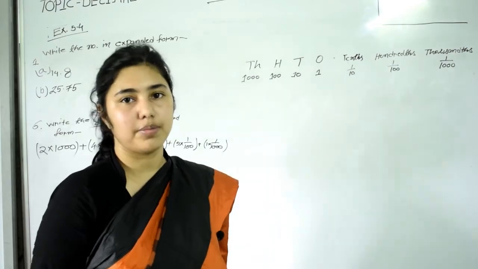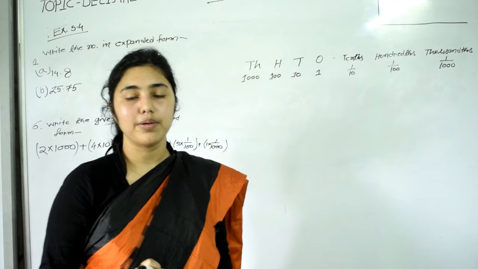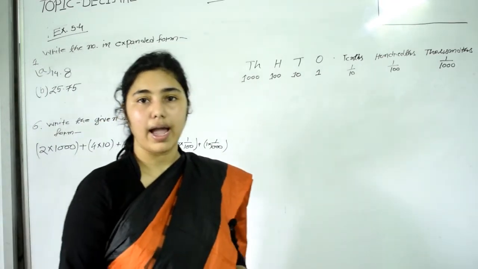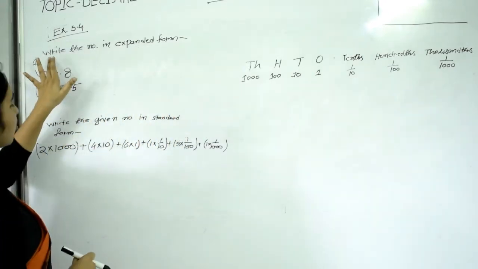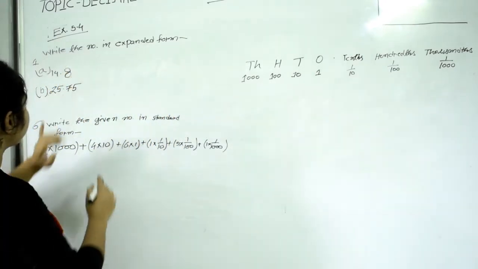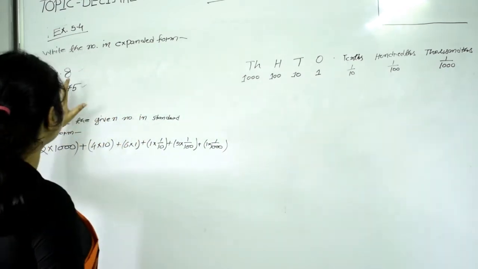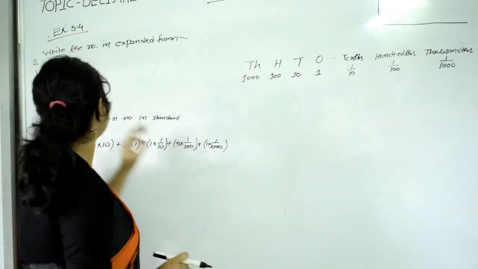Now a decimal number can be expanded in 3 ways. First one, place value form, next fractional form and next decimal form. So here in question number 1 you have to expand these 2 numbers. First put this number in the place value chart.